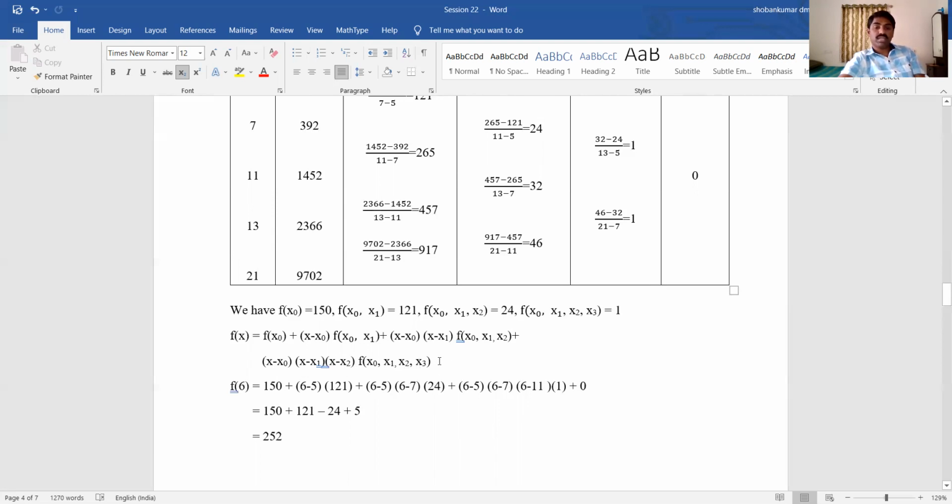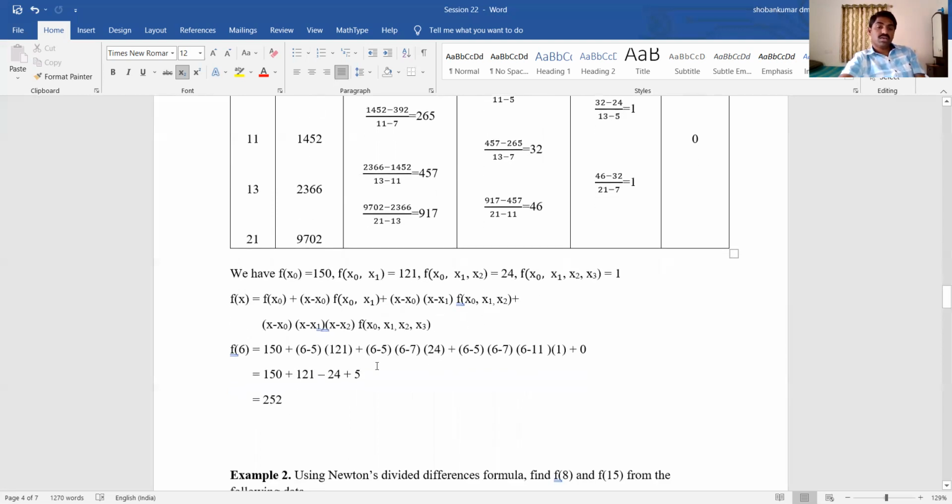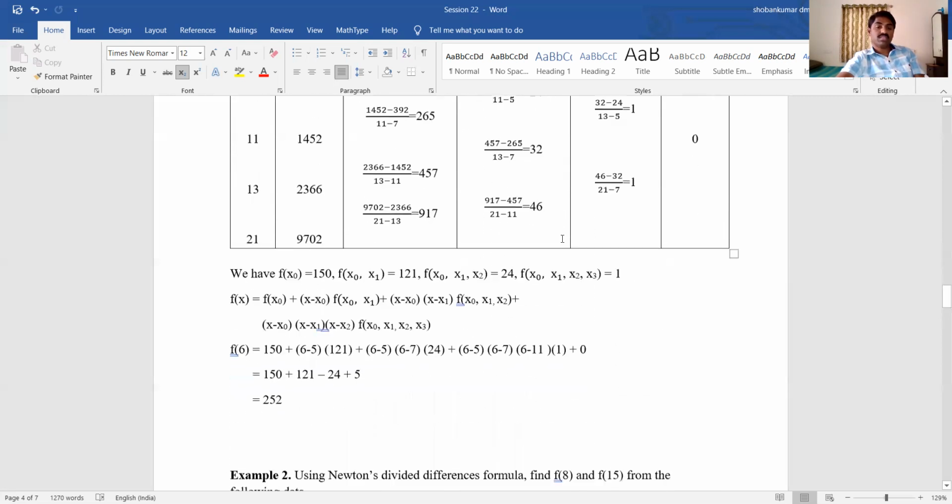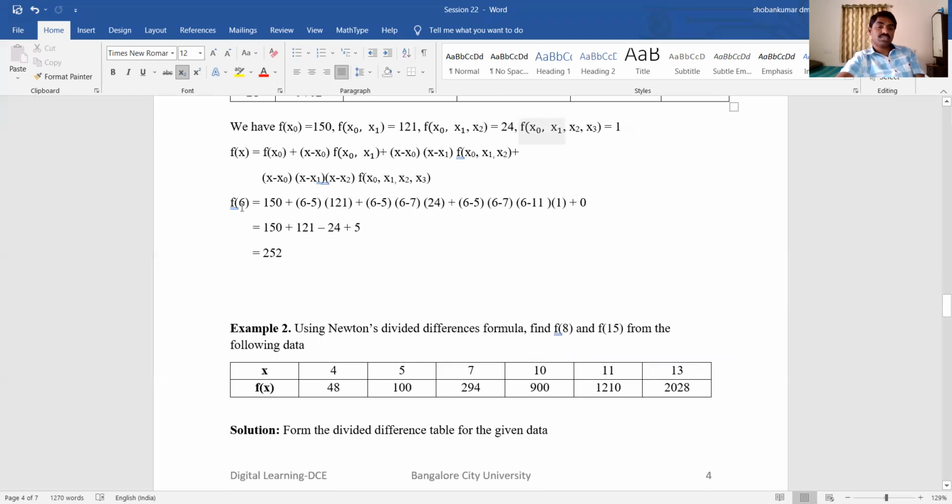Here there is no need to write the next term because f of x naught x1 x2 x3 x4 is 0. Now here x is equal to 6. We have to estimate the value of f of x at x equal to 6. Put x equal to 6, substitute all the values and simplify, and we get 252.